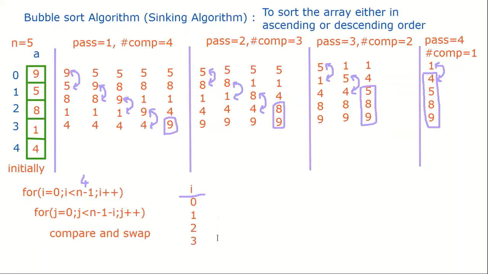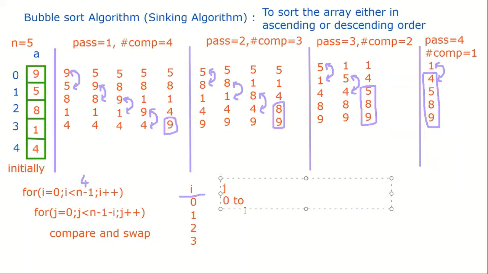So now how is the j value being iterated? Let us check out the j value. How does it change? First iteration, we say j is equal to 0 to n minus 1. So every time it starts from 0. What is n minus 1 minus i? i is 0 in the first iteration and n is 5, minus 1 is 4.